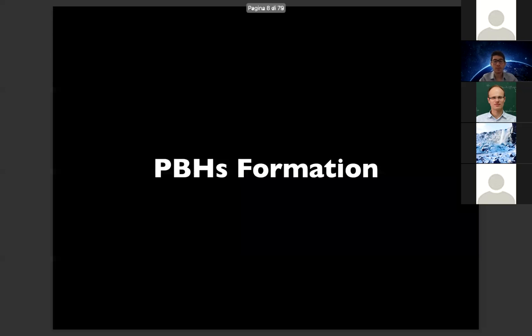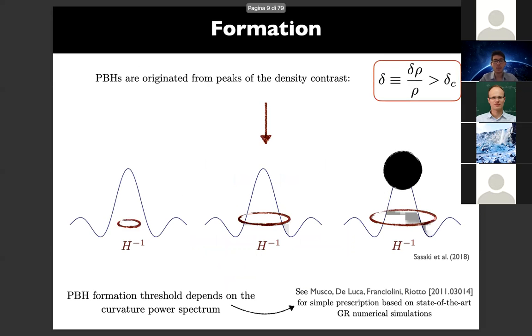So let me start with the PBH formation. And we will consider the most common formation scenario in which primordial black holes are basically originated from overdensities in the radiation fluid created by perturbations during inflation, which are transferred thanks to the reheating phase. And basically, primordial black holes can actually form if these overdensities are sizable enough, which means that their density contrast has to be larger than a certain threshold, which is found numerically.